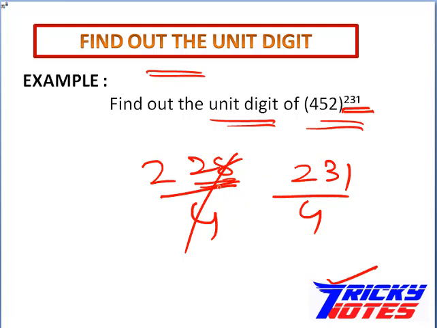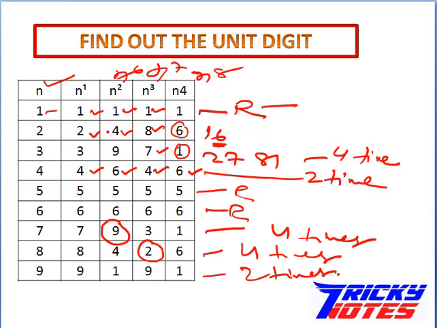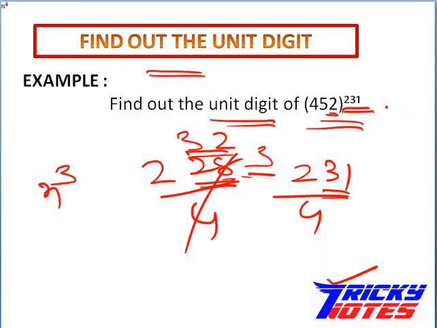So 228 is divisible by 4, and 232 is also divisible by 4, but 231 is not. The gap is 3, so that becomes n to the power 3. The unit digit is 2 here, so 2 to the power 3, and the unit digit is 8. So the answer is 8.